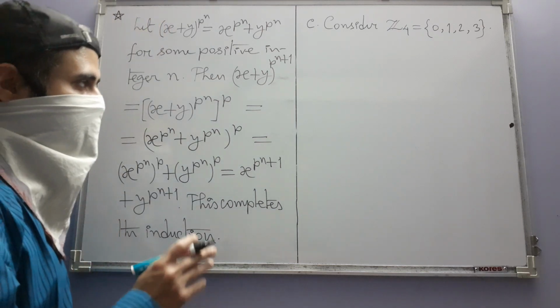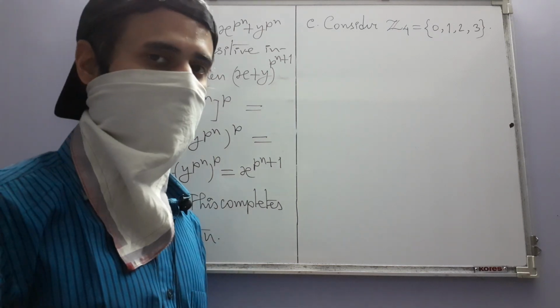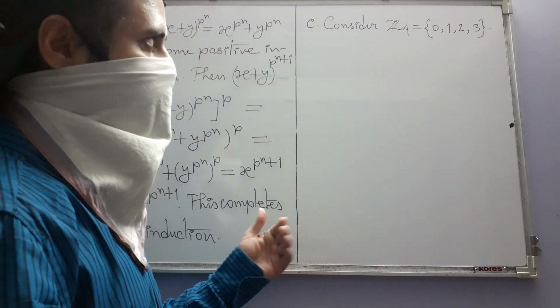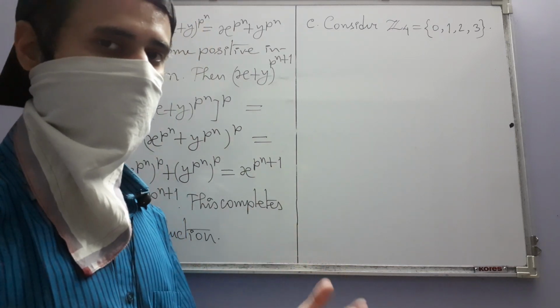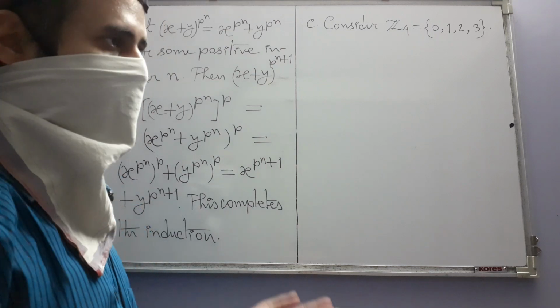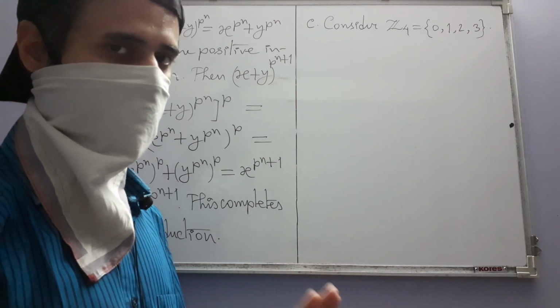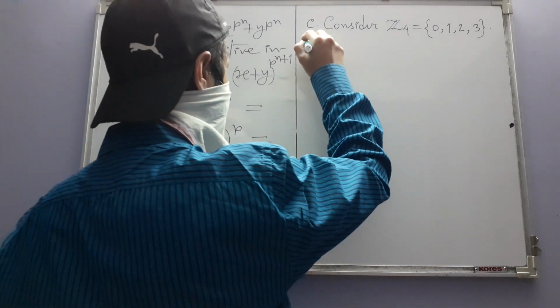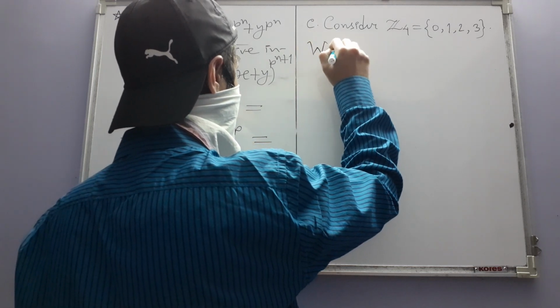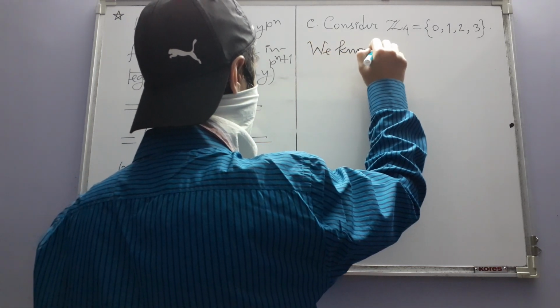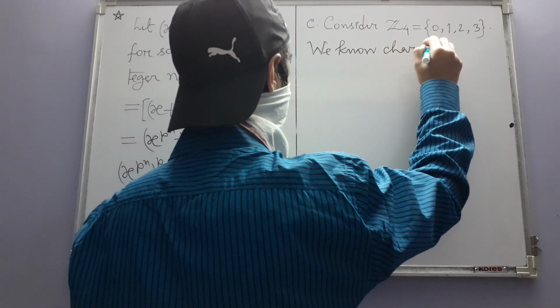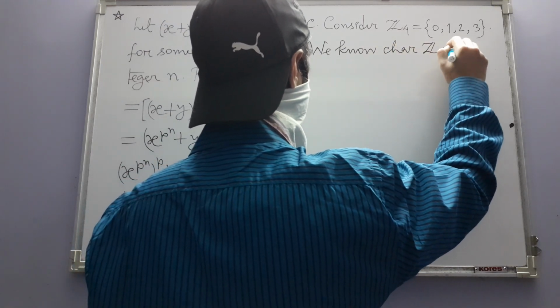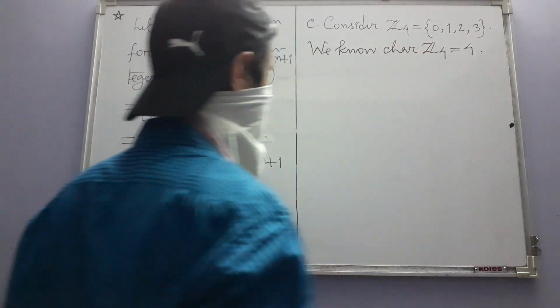And we also know that this ring has characteristic 4, because if you add 4 copies of every element, you get 0, and 4 is the smallest positive integer with that property. We know that the characteristic of this ring is 4.